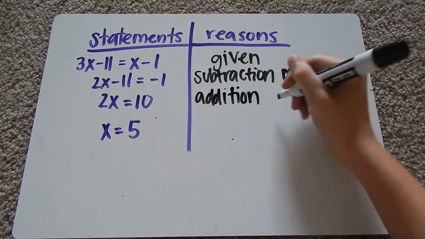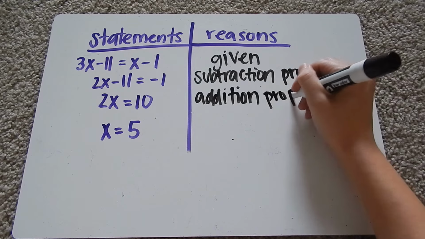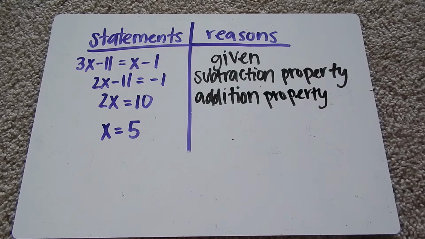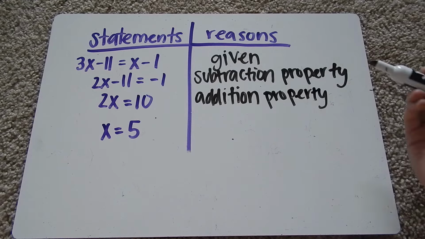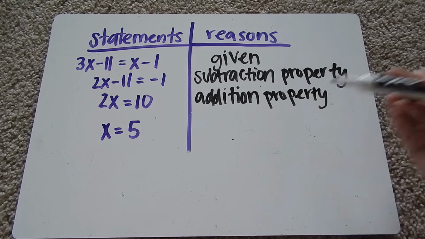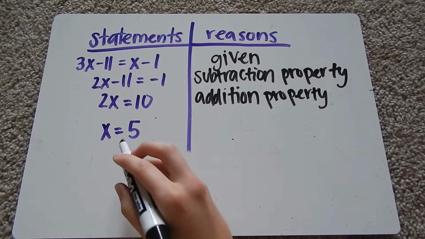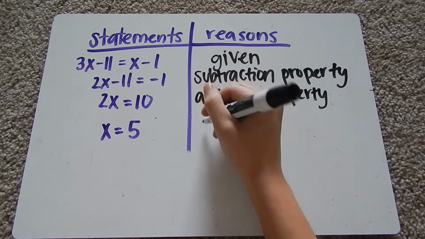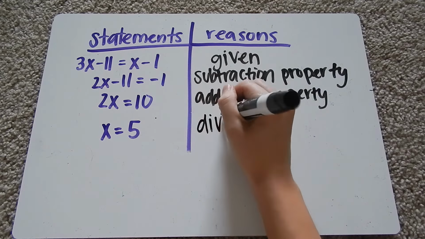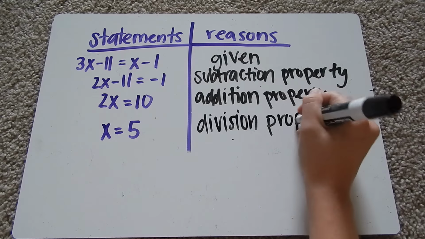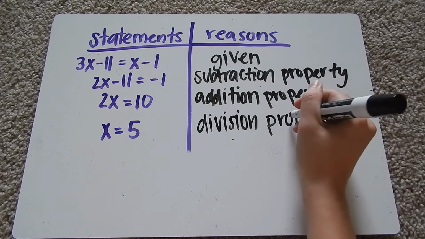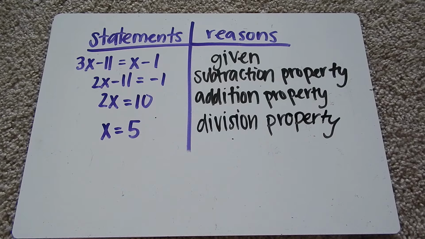All we're doing in the reasons is explaining how we got to that step. So the first one was given to us. The second one we subtracted. The third one we added. To get to our final answer, x equals 5, we divided. So this is the division property. And that is our algebraic proof.